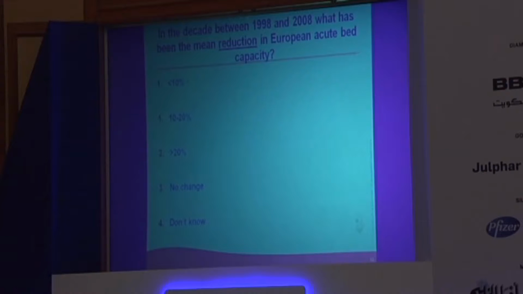And then no change or don't know. Okay, okay. You see, near 20% reduction. So just think about it. Reduction in length of stay, reduction in bed capacity, the perfect storm for why our hospitals in acute care are under such a lot of stress.